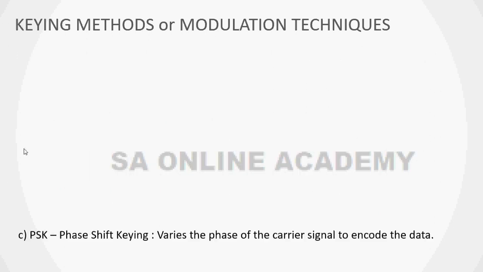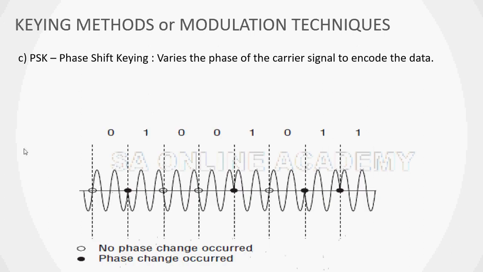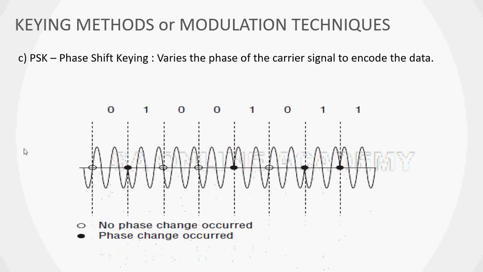Next one is PSK. This is the most widely and recommendedly used modulation technique, I would say. Phase shift keying: varying the phase of the carrier signal to encode the data. Here, they change the phase to represent the data. In RF behavior, we have seen a lot of phenomena like refraction, diffraction, but none of them directly impacts the phase.